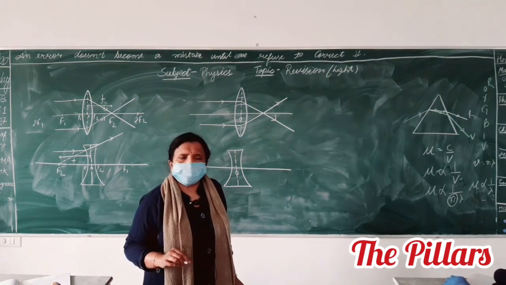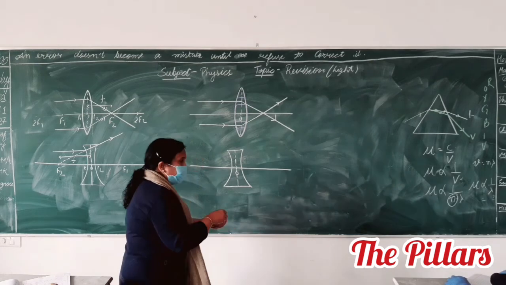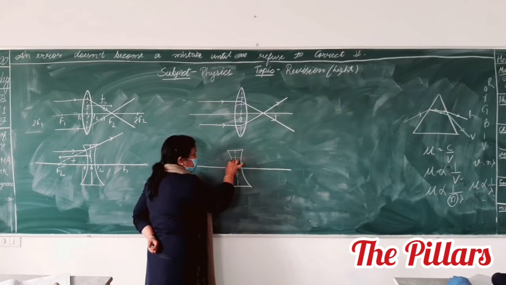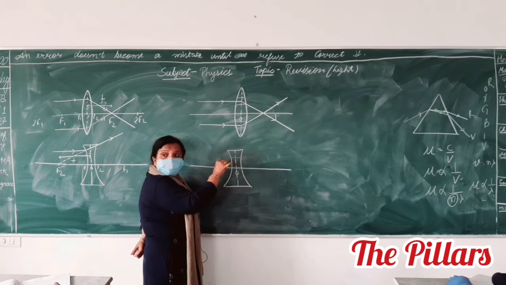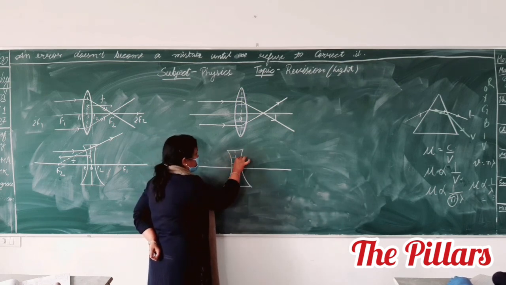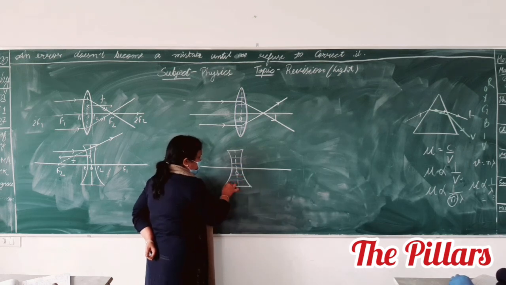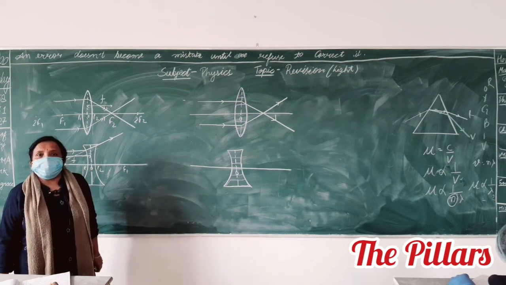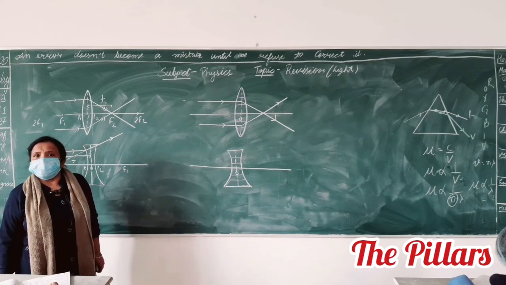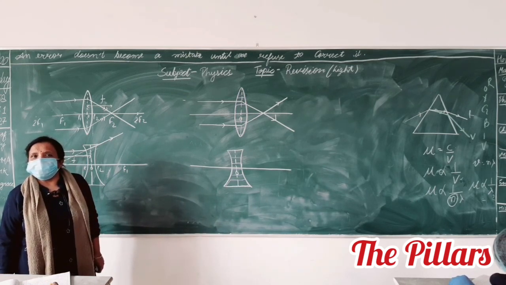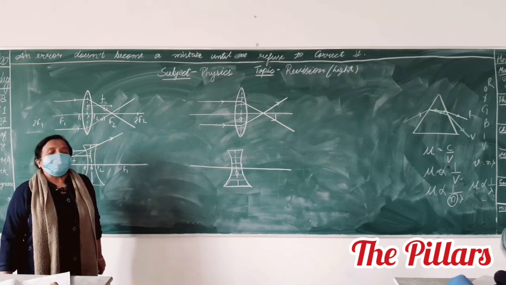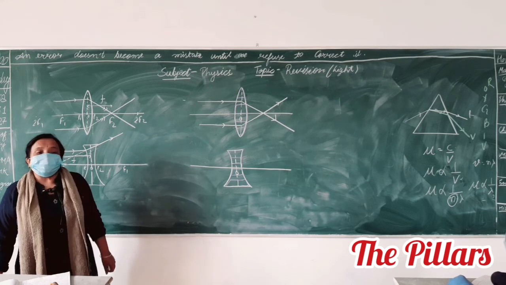In a concave lens, since the prism has its base upwards above the principal axis, the light ray will be incident upwards, and below the principal axis the light ray will be incident downwards, because if we see the concave lens, the base will be upward above the principal axis and downward below the principal axis.